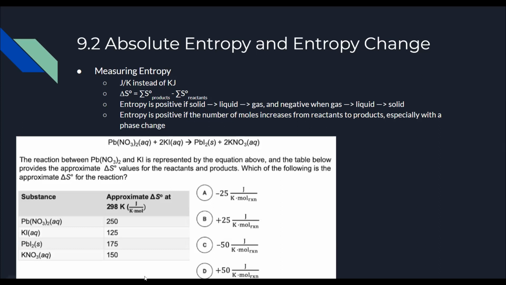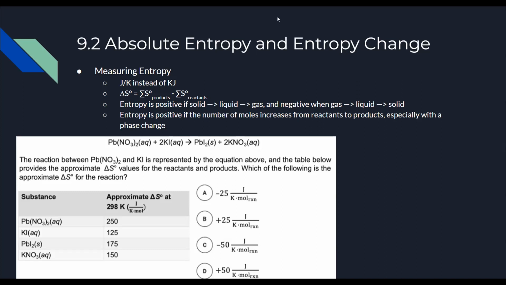And if you don't have these values, as shown in the problem below, you could just estimate it by determining if the entropy is positive when solid goes to liquid to gas, and negative when going from gas to liquid to solid. You can also estimate it by seeing how many moles there are on the product side compared to the reactant side, and you can determine what the entropy is.